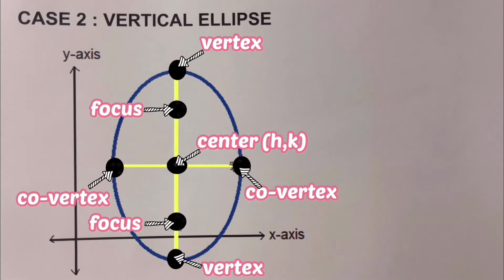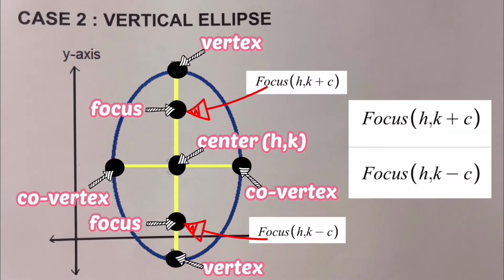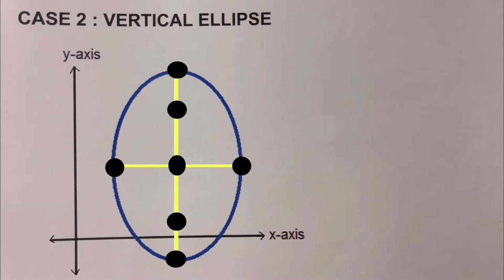Now we remember that the coordinate for the focus of a vertical ellipse is (h, k plus minus c). We also remember that the distance from the center to the vertex is represented as letter a. The distance from the center to the co-vertex is letter b.